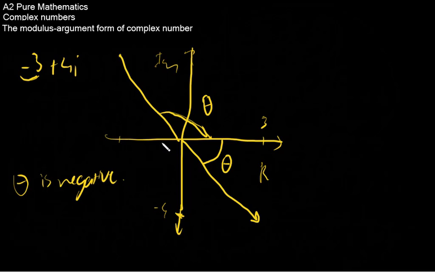In the case where it is down here or even here, theta is negative and it still works. The modulus argument form of a complex number still works. Any angle that the complex number makes with the real axis is what you will use in the modulus argument form of a complex number.